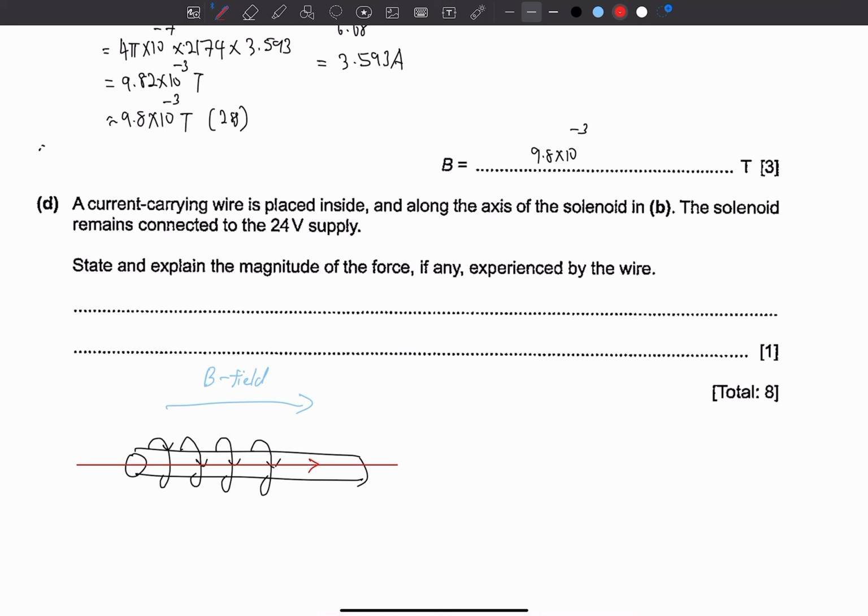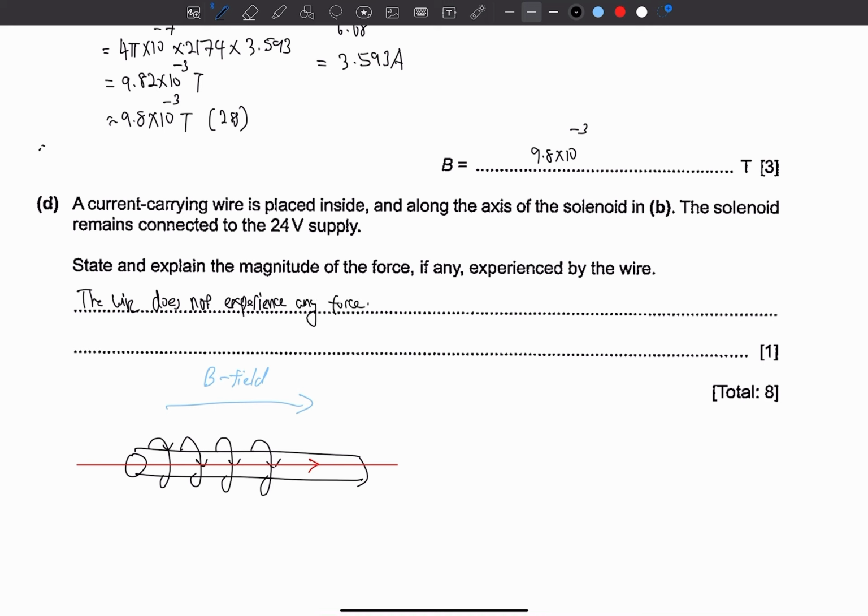Right? So simply say that the wire does not experience any force.